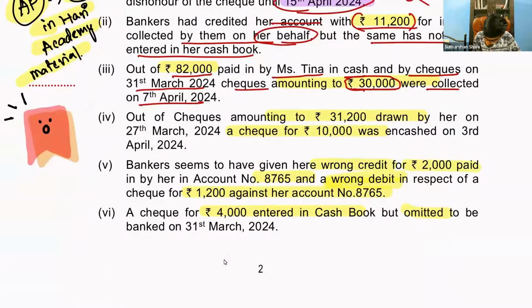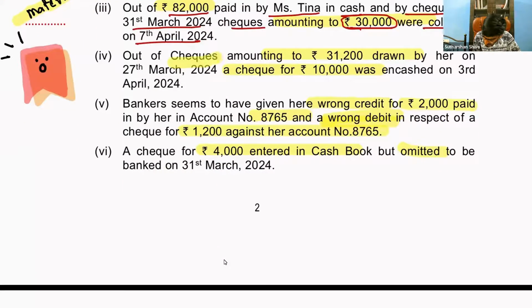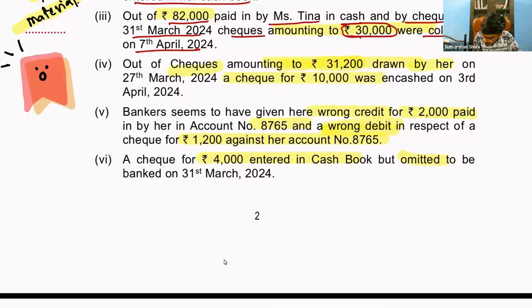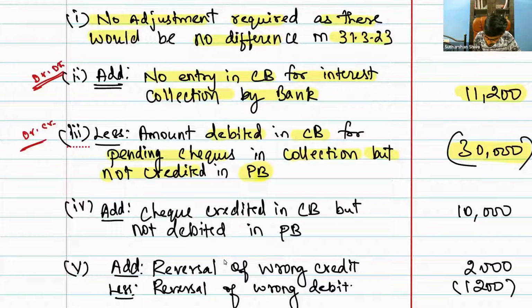Next, out of checks, debit to 31,200 drawn by her on 27th March. A check of 10,000 was encashed on 3rd April. It has happened only on 31st March above, but it has not passed. We need to give an effect of rupees for this 10,000. So we will give an effect for the 10,000 by adding it.